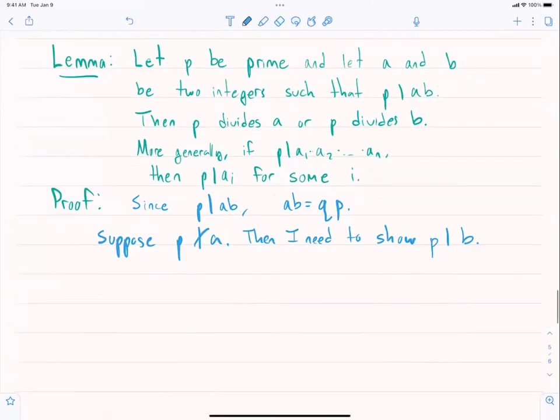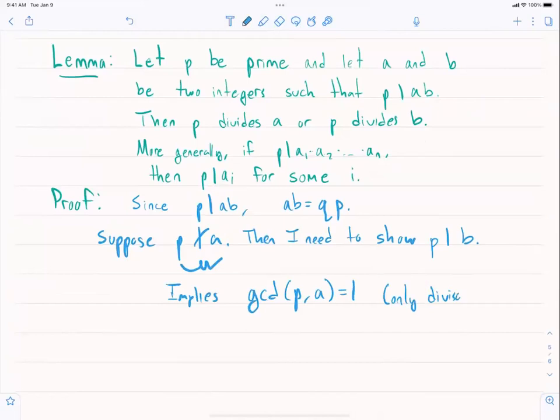Since p does not divide a, this means that the GCD of p and a is 1. This is because the only divisors of p are 1 and p.